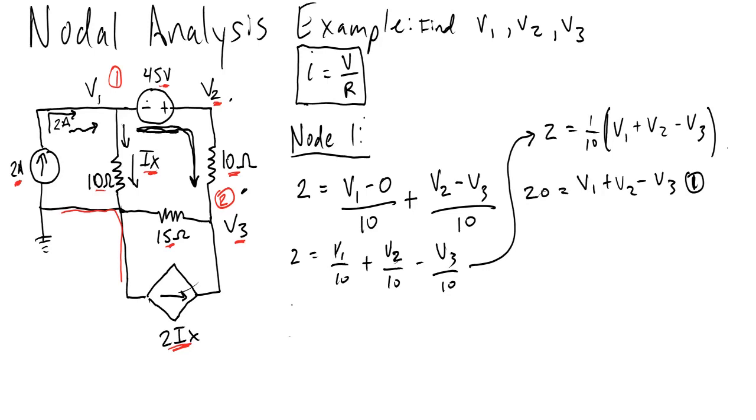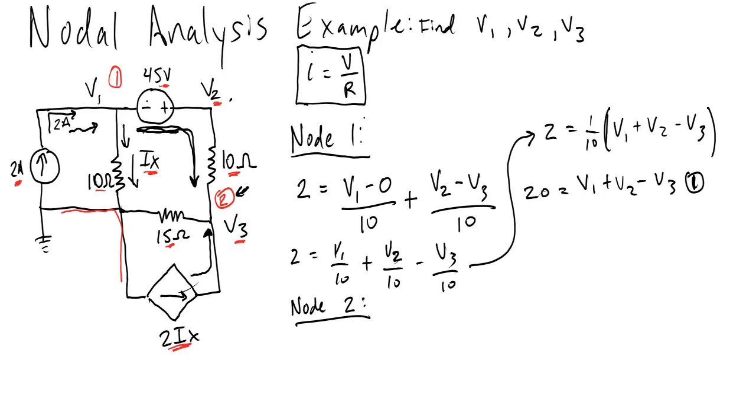Alright, so node 2 is here, and let's define the currents that are going in and out of this node. We know this dependent source is sending current into the node.